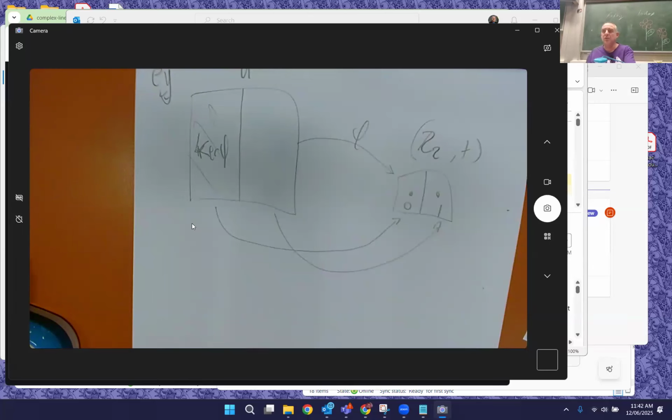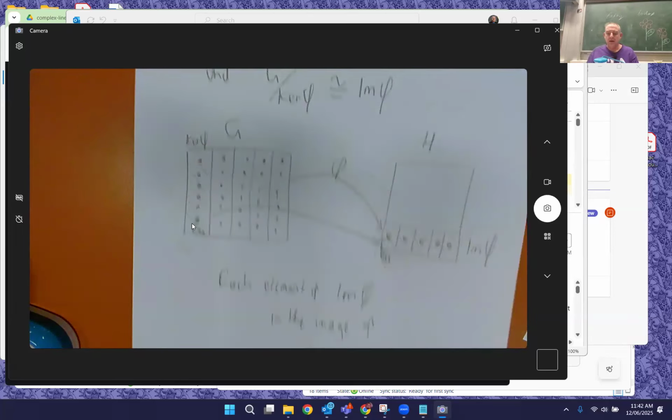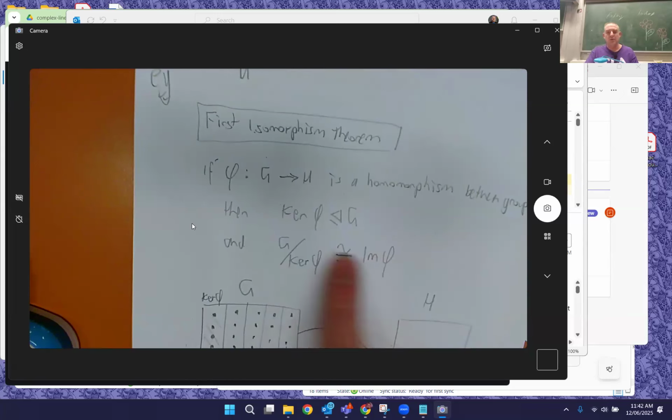Oh, I should just say, just before I do this, that this is an isomorphism.